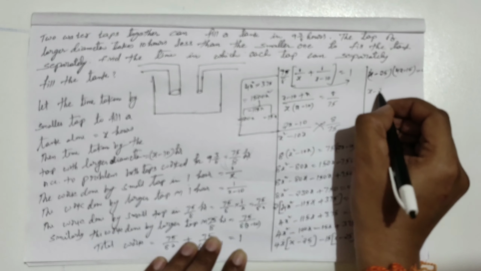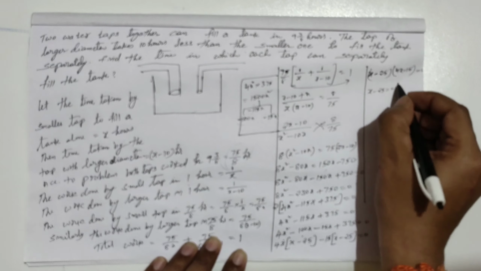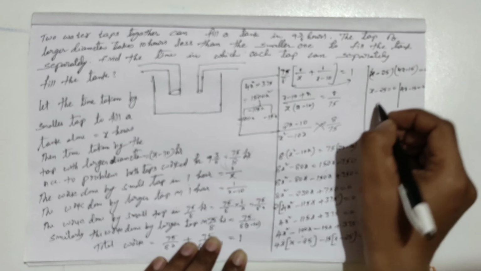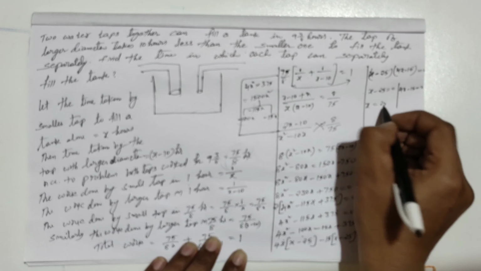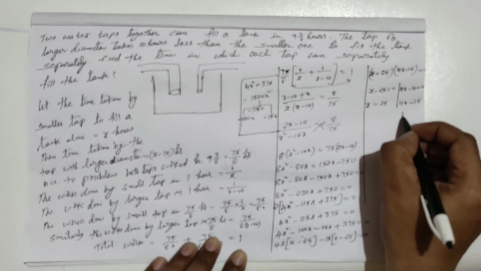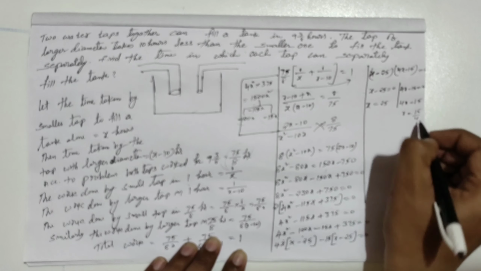Then x minus 25 equal to 0 or 4x minus 15 equal to 0. Then x is equal to 25. Here 4x is equal to 15, x is equal to 15 by 4.